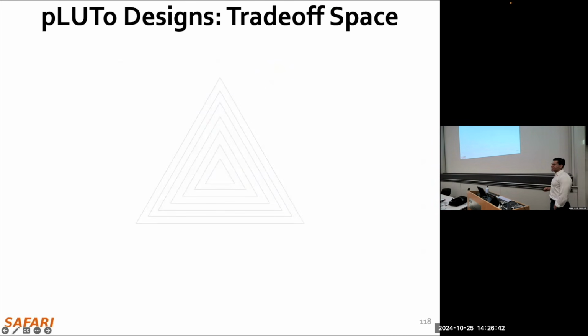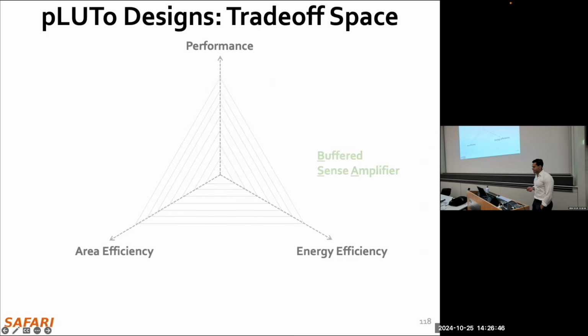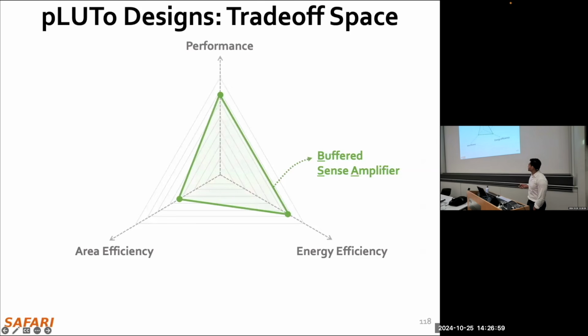So all of the 3 designs have different trade-offs, as I mentioned, in terms of performance, energy efficiency, and area efficiency. The first design, the buffer sense amplifier one, which uses those flip-flops, is the middle design, with middle performance, middle energy efficiency, and middle area efficiency, sitting in the middle between those 3.